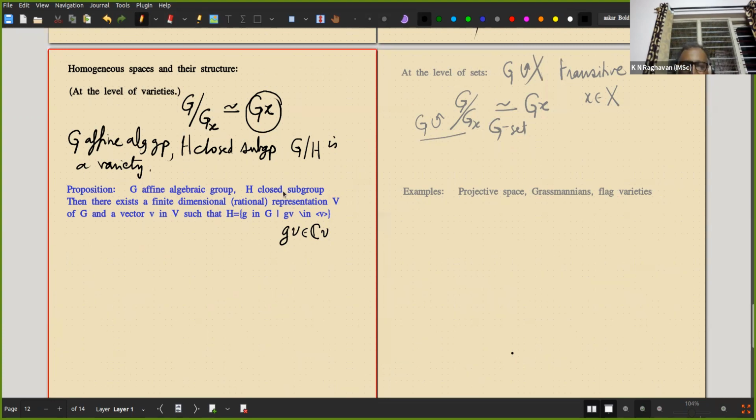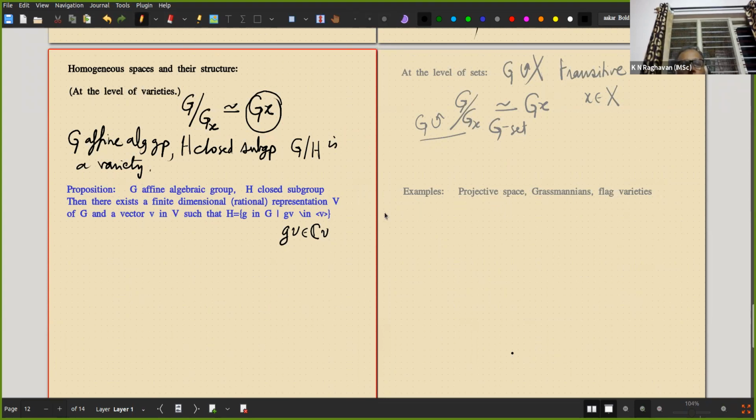The new part is what I have described, which is how to start choosing this V. It is a sub-representation of the representation of G on the ring of regular functions of G itself.